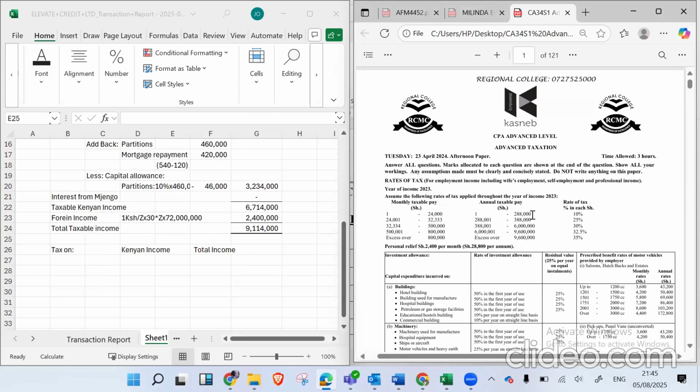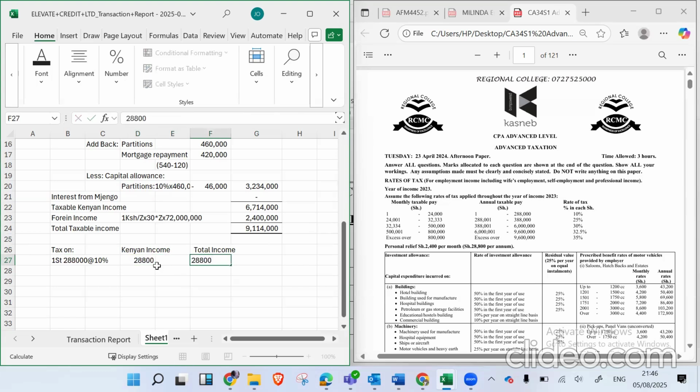The first 288,000 we tax at 10%. So first 288,000 tunaichapa na 10%, as you can see there. So hapa tuko na 28,800. Huku kwingine pia tuko na 28,800.